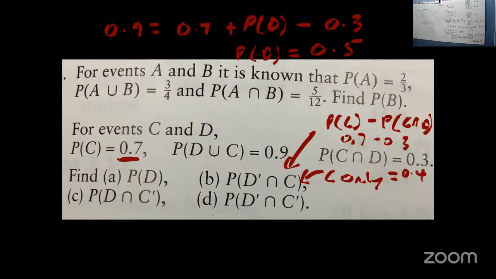Correct? And your method was C union D, which is 0.9 minus D, which is 0.5, and they got the same thing. So you see how important those Venn diagrams are? To finish out C and D, please.